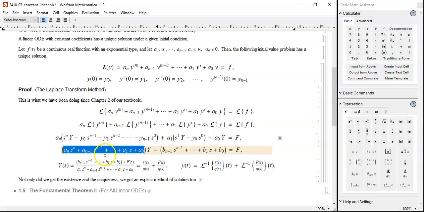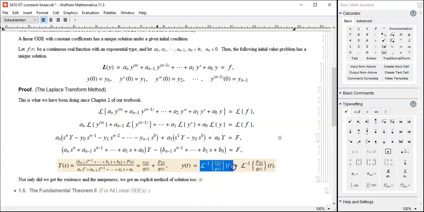We have the characteristic polynomial times Y, Q times Y, minus a polynomial R of degree at most n minus 1. So Q times Y minus R is equal to F. So flip this R of s to the other side and then divide by Q of s, and what do you get? R of s over Q plus capital F of s over Q, and then you take the Laplace inversion. What do you get? The homogeneous part plus the particular part in general.